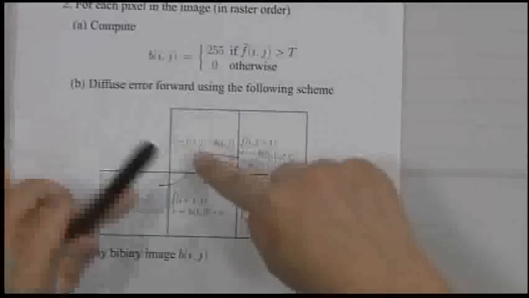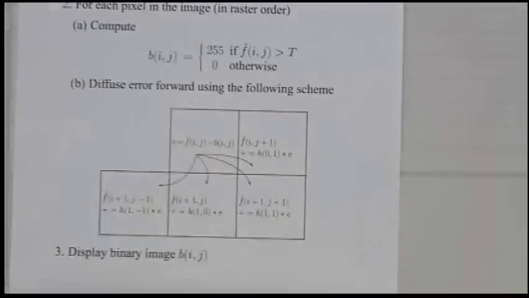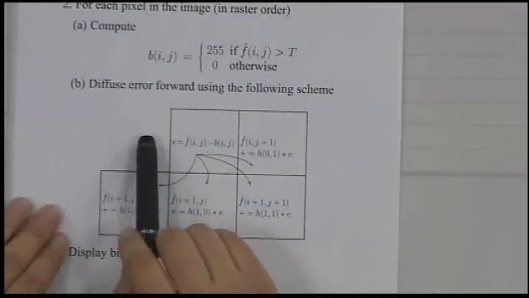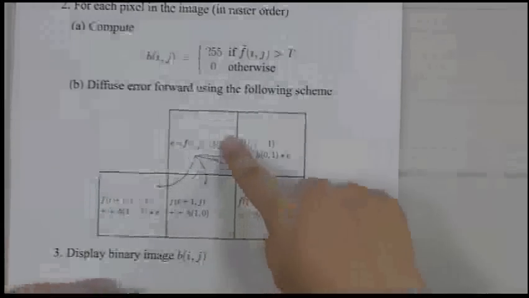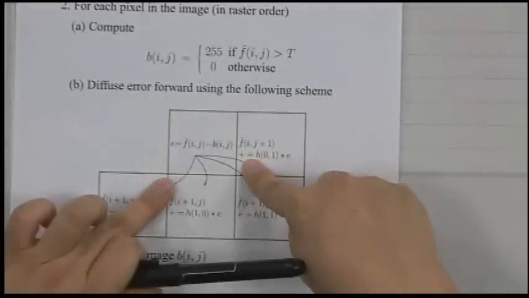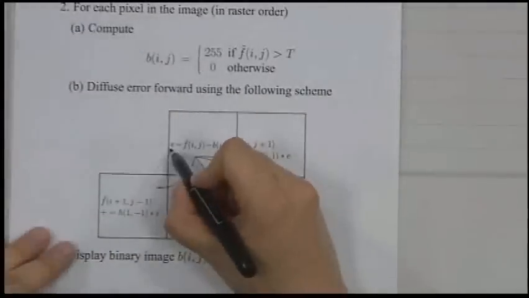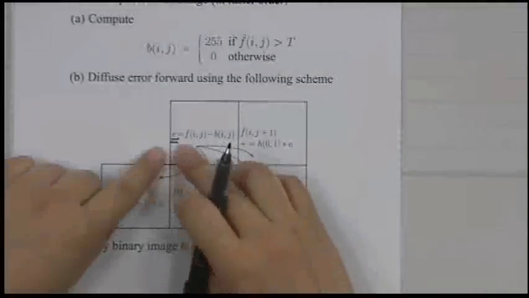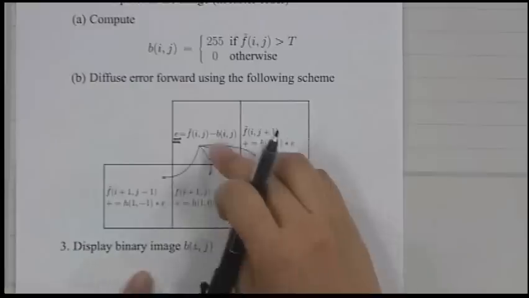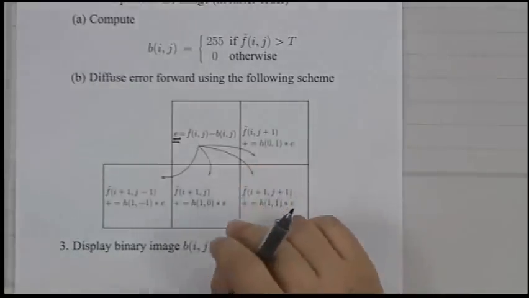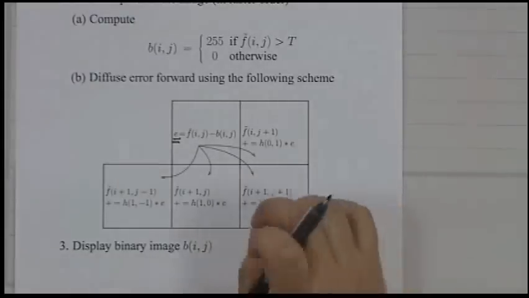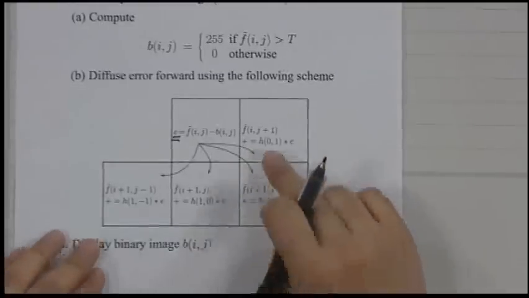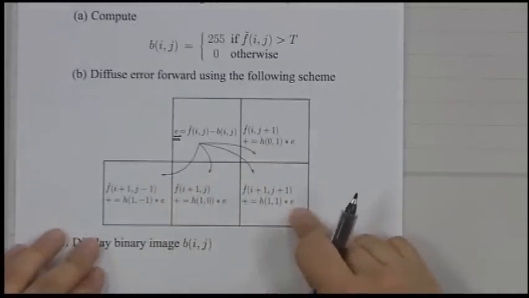We are looking at this pixel, and we assume that all of the previous pixels' errors are already calculated. Then we binarize this pixel and calculate the error. And then we want to propagate this error to neighbors. In the 1D case, we have only one neighbor, but in the 2D case we can have multiple neighbors. In this case, we define the neighbors as these 4 neighbors.